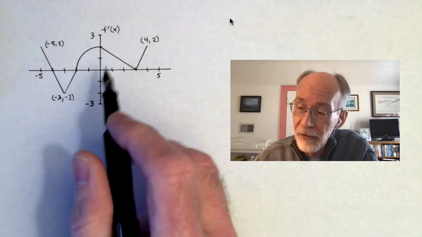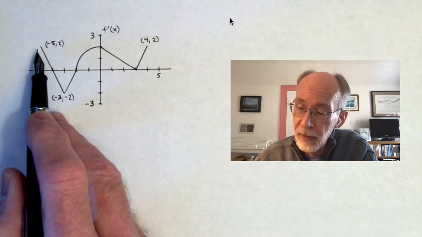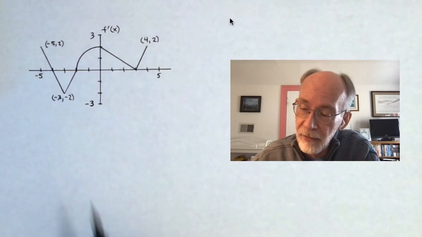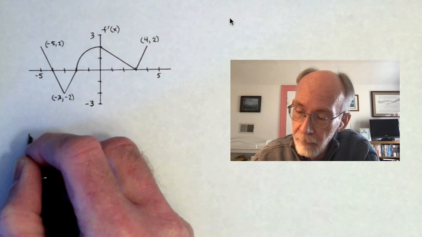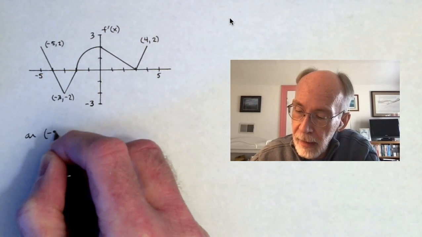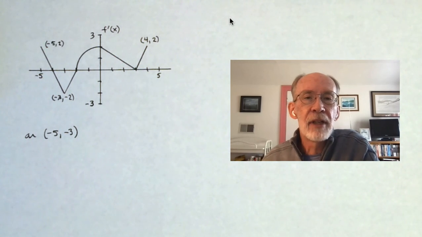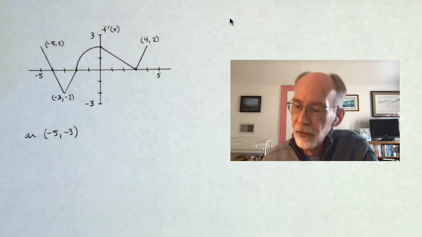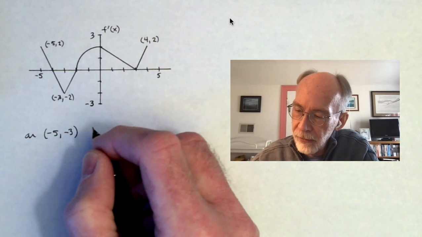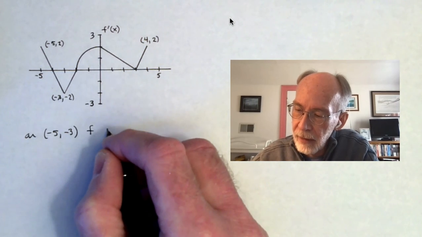So what is f doing? Well, from -5 to -3, and we gave our definition in terms of open intervals, on -5 to -3 open, f prime is decreasing, so f is concave down.